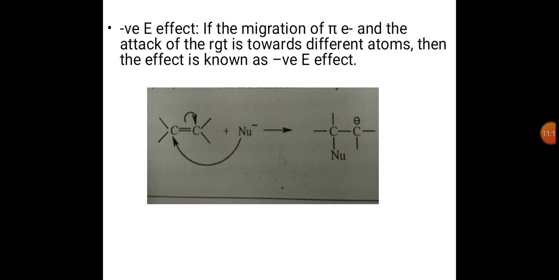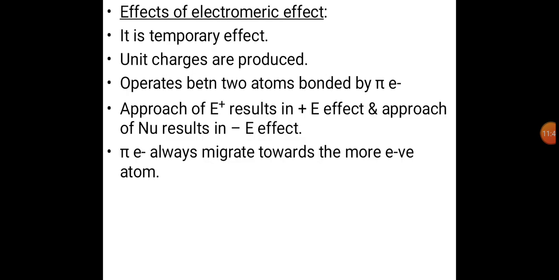However, it attacks the second carbon, which is positive in charge. Thus, here we see the migration of pi electrons and the attack of the reagent is towards different atoms. Hence, this effect is also known as a negative electromeric effect.